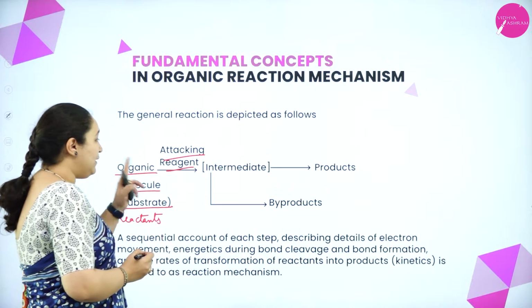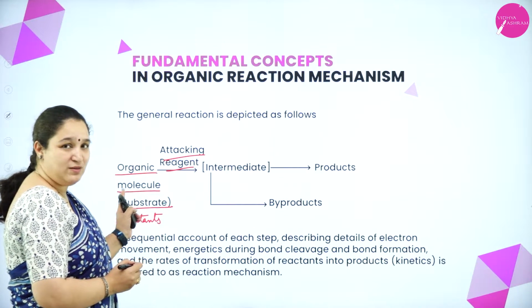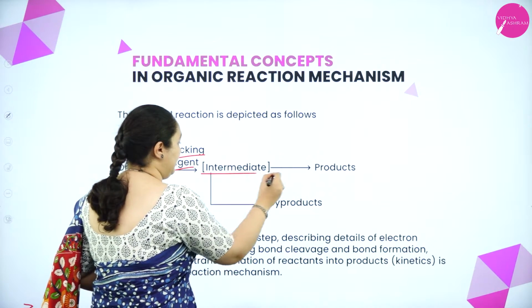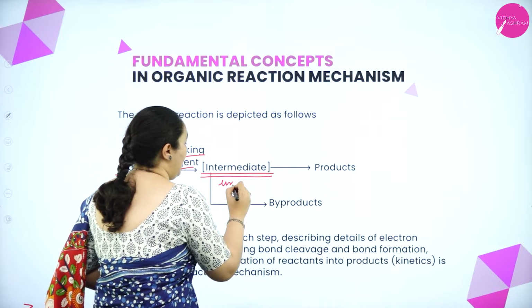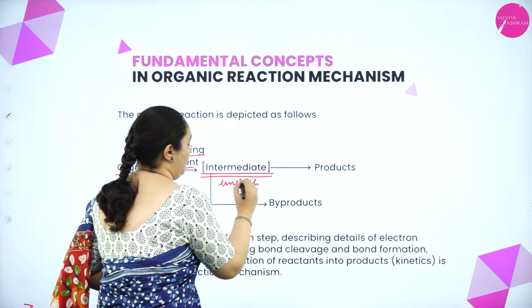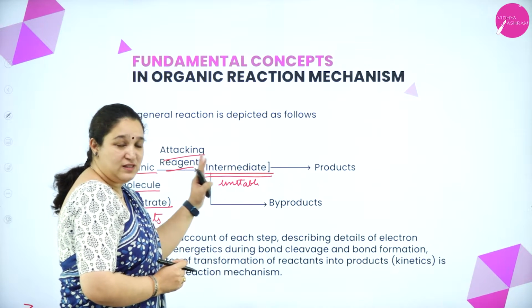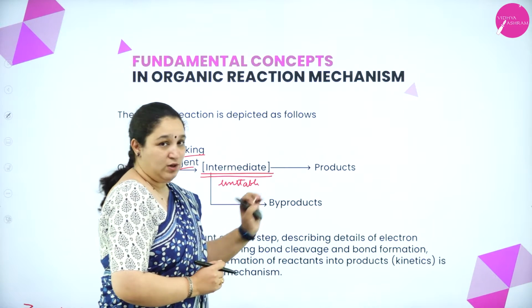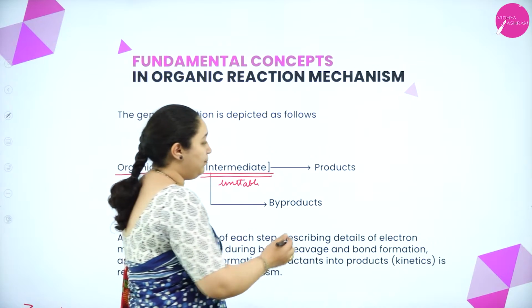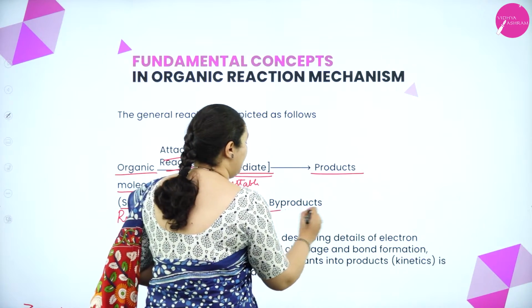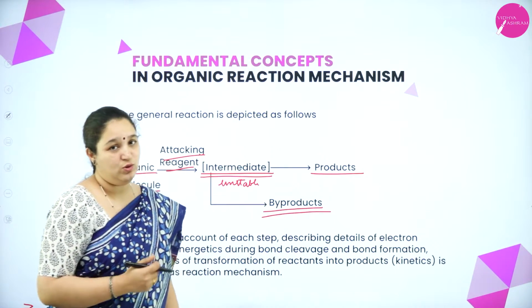With the attacking reagent, the organic molecule will form an intermediate which is highly unstable. Further, this intermediate will decompose or form products, and some other byproducts are also formed.